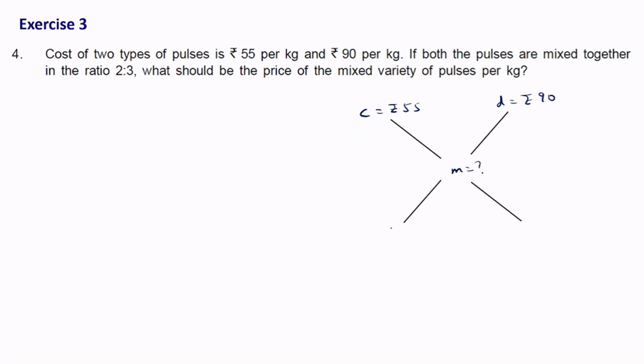So here we have D minus M and here we have M minus C. This ratio, D minus M is to M minus C, we have this ratio given as 2:3.